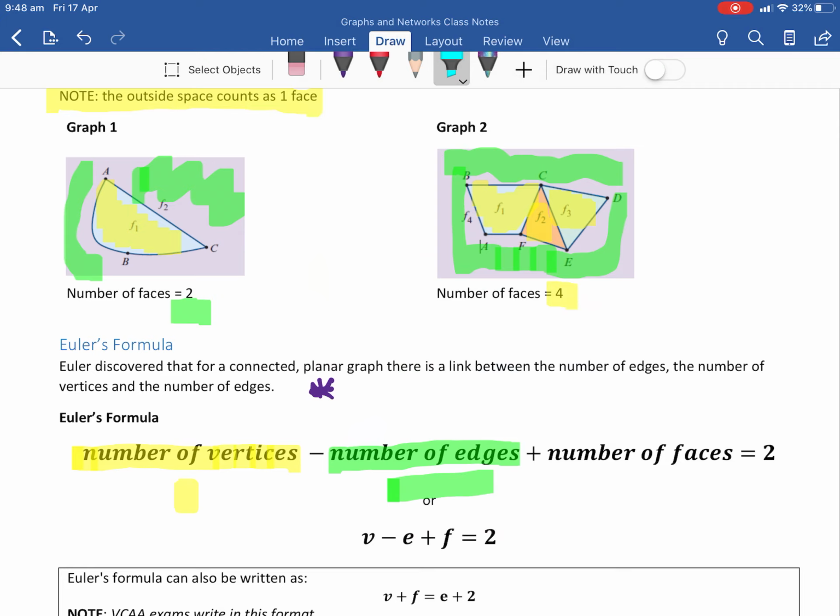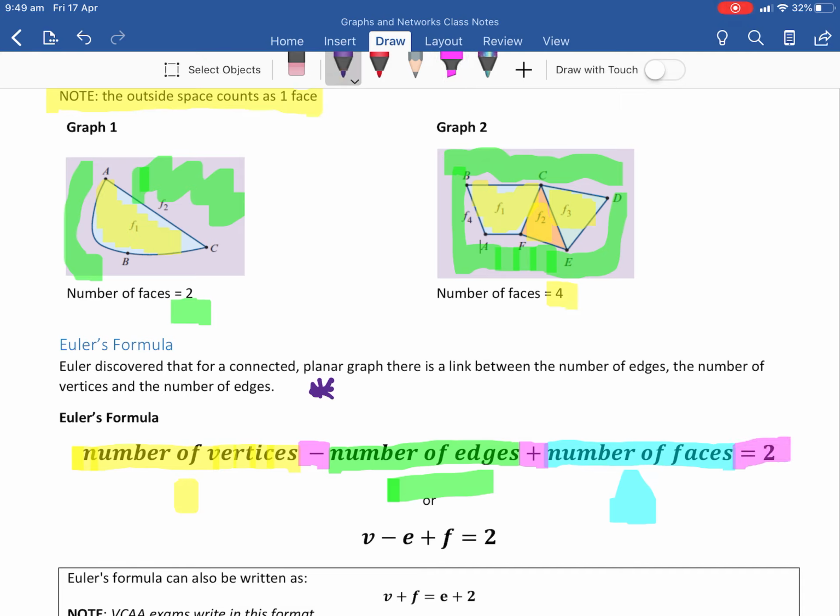And it also includes the number of faces, which is what we've just learned today. The faces are the regions that the edges make. He found that if you take the number of vertices, subtract the number of edges, then add the number of faces, it will always equal 2.